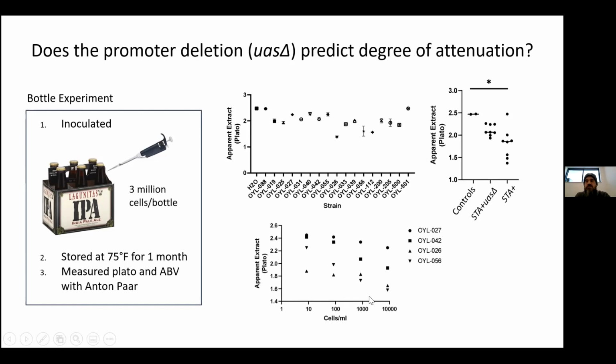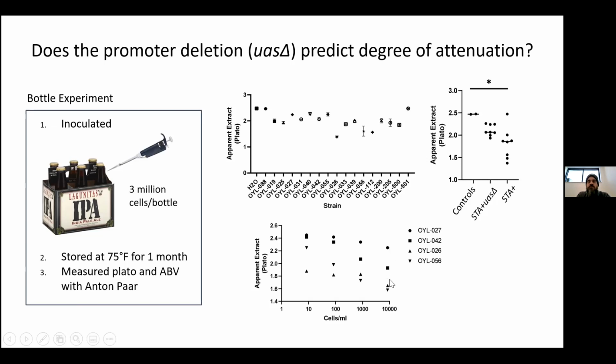The amount of yeast that are contaminating can have an effect. This is basically the same experiment with either 10 cells per mil, 100 cells per mil, up to 10,000 cells per mil of these 4 strains. You can see that OYL 027, for example, has a broken version of that promoter, and even at a very, very high level of contamination, doesn't have a huge effect on attenuation.